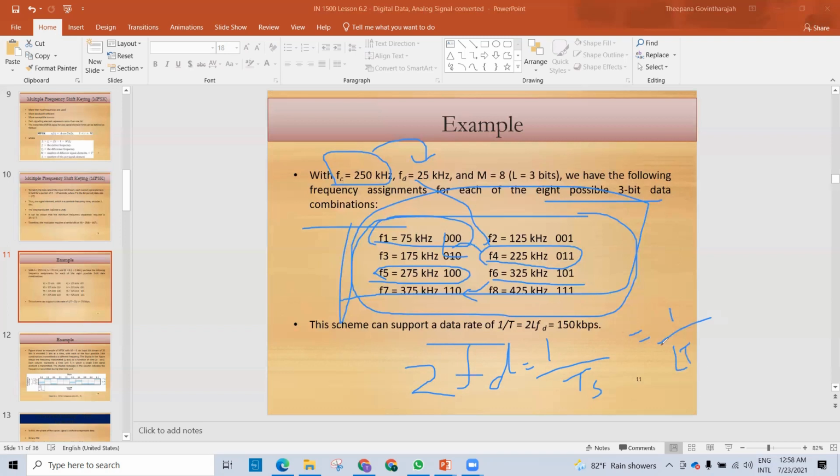So here we have made 1 by T the subject. So the equation is equal to 2LFD. And in this question, it is 150 kilobits per second.